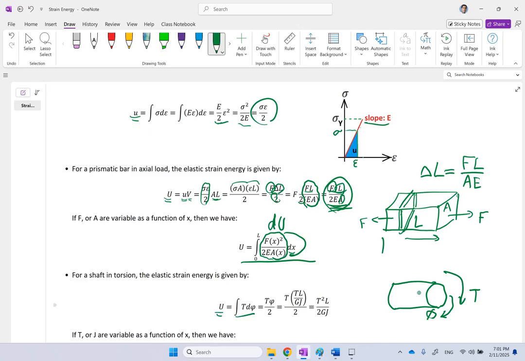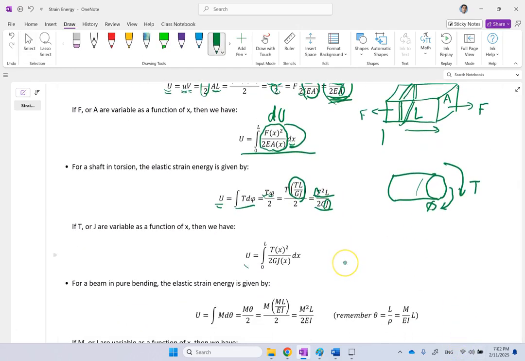Since it's linear, you can write it as Tφ over 2, and remember φ for the torsion was TL over GJ, so you simplify, you're going to get T squared L over 2GJ. Again, if this polar moment or this torque or both of them are functions of x and not constant, you can simply integrate that from 0 to L to get the entire strain energy.